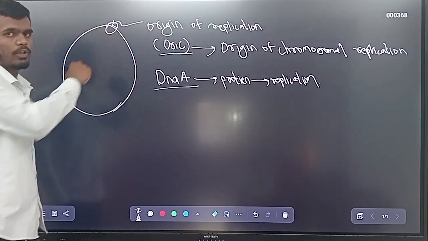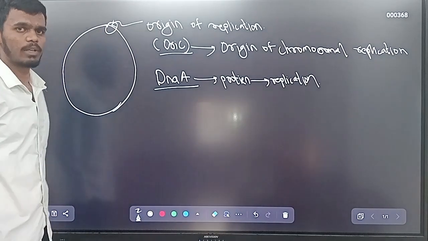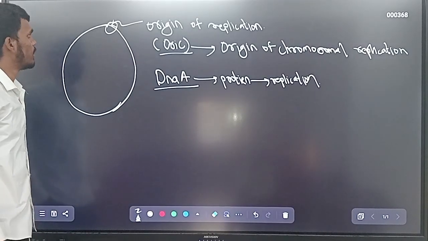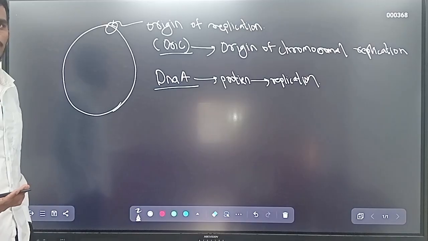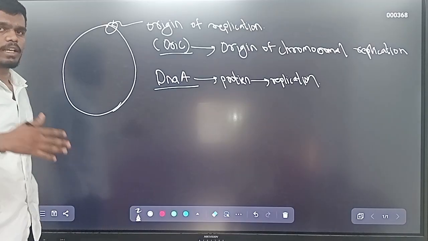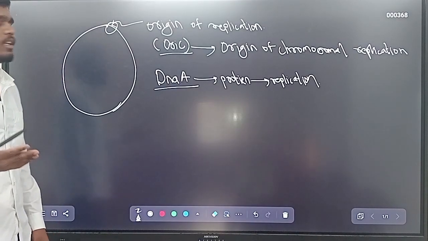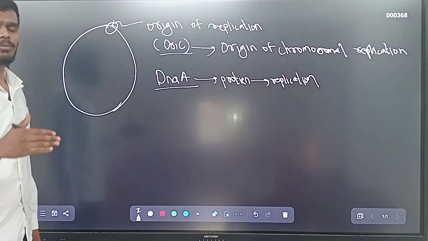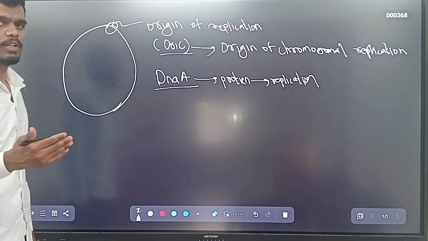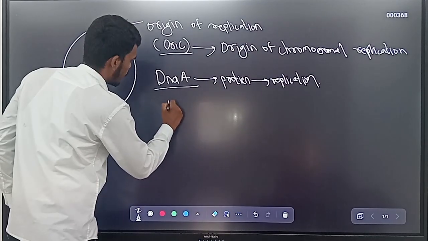OriC is nothing but the origin of chromosomal replication. C stands for chromosomal. This is the origin of replication.